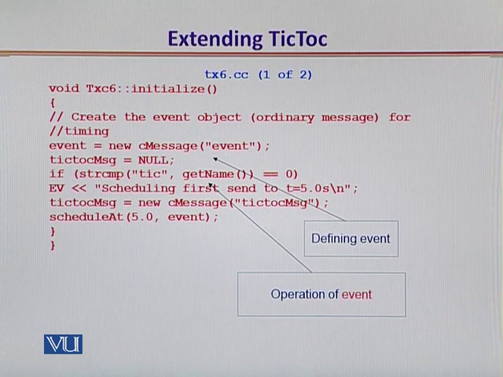So here you see there's a function called scheduleAt. It has two arguments. The first argument is the time, and the second argument is what is to be scheduled, which is the event. So when this scheduled event is executed, it will result in the initialization of the packet from the tick side.